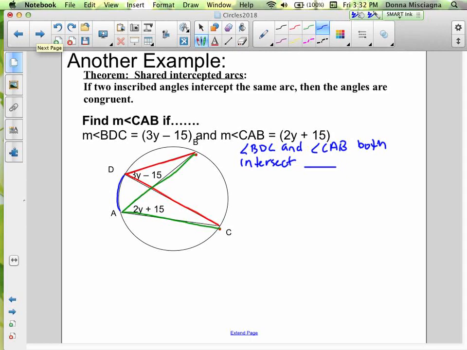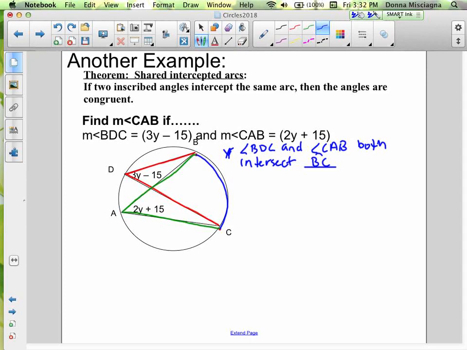That's why it's important that we identify what angle the information is about, so that we're talking about the right thing. But let's get rid of this, because that's not our intercepted arc. Our intercepted arc is over here. And in your notes, add that angle BDC and angle CAB both intercept arc BC.